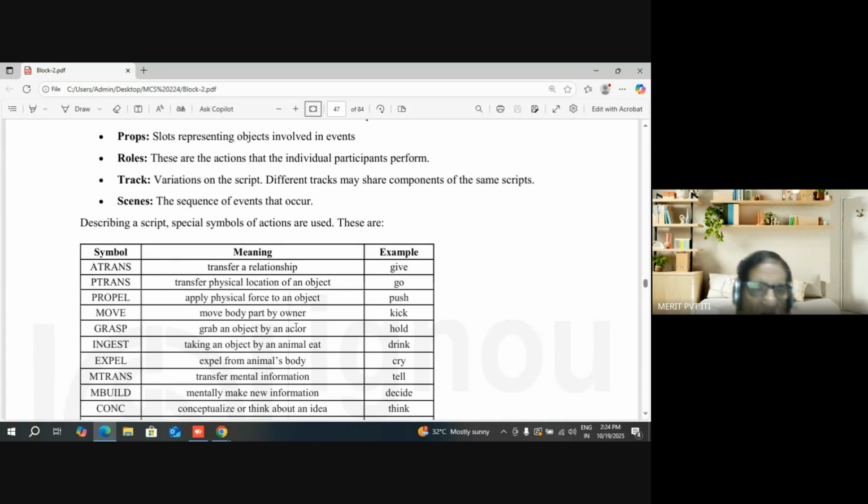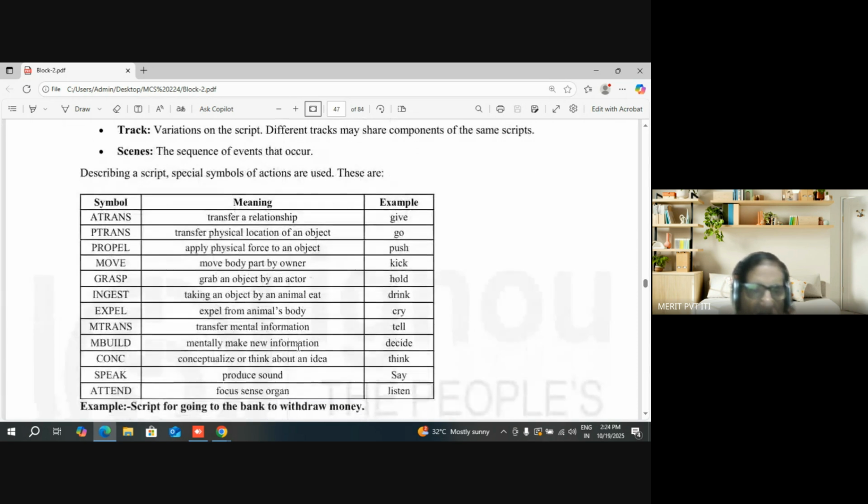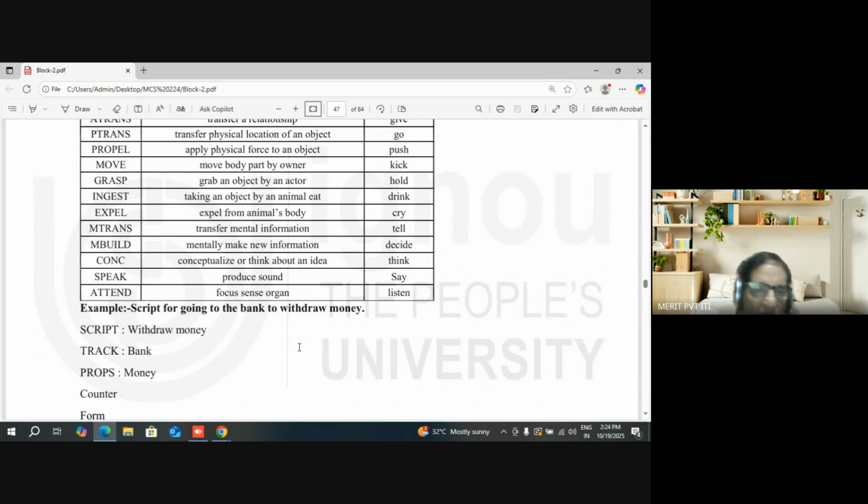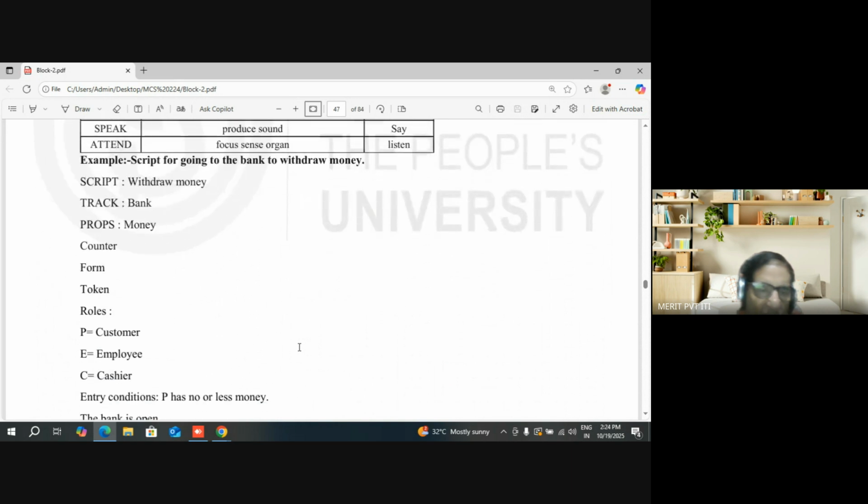So transfer of a relationship, A-trans, P-trans, transfer of physical location. Propel, apply physical force. All these are used as scripts and all that. If you have a script for going to a bank to withdraw money, script is withdraw money, enter bank, drop deposit slip, counter, this and all that.